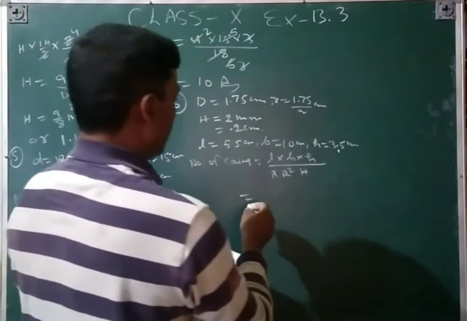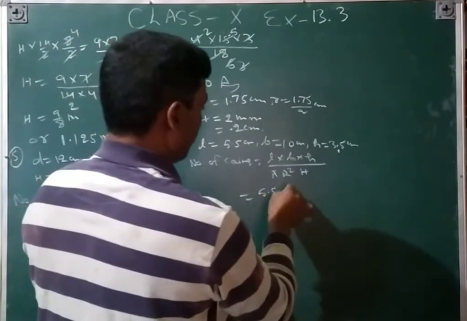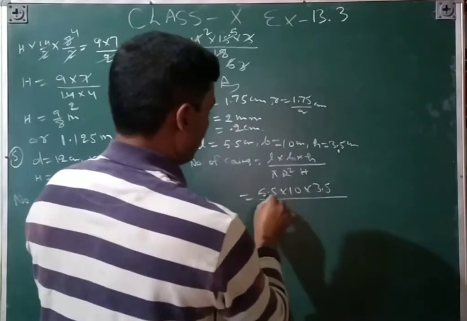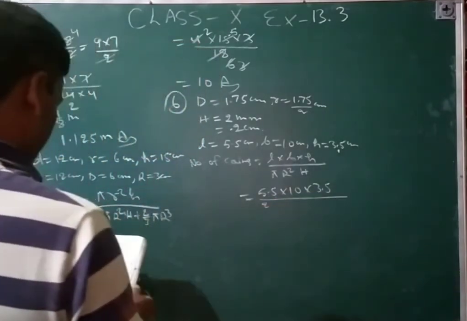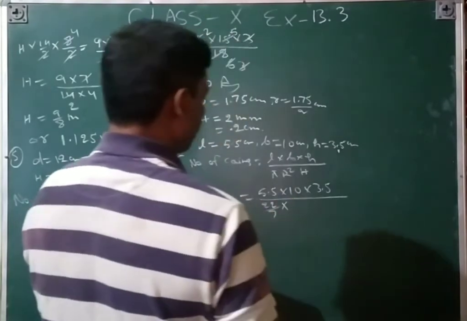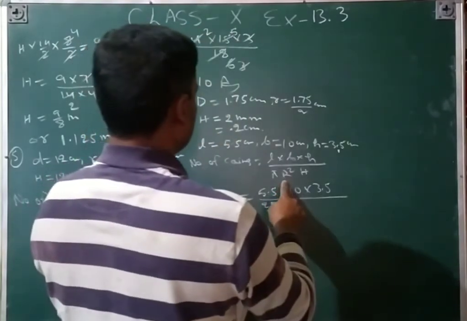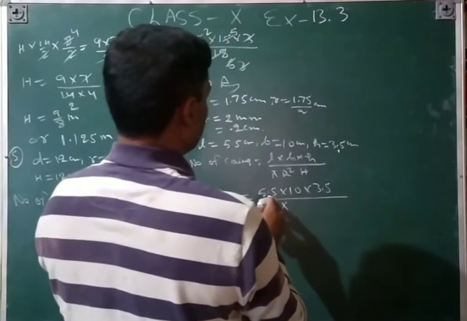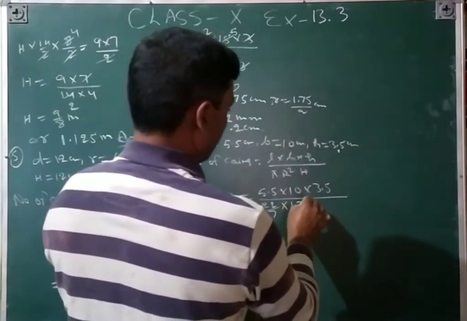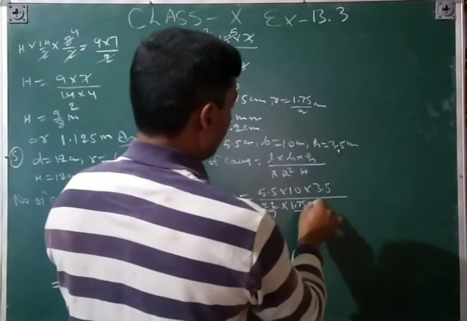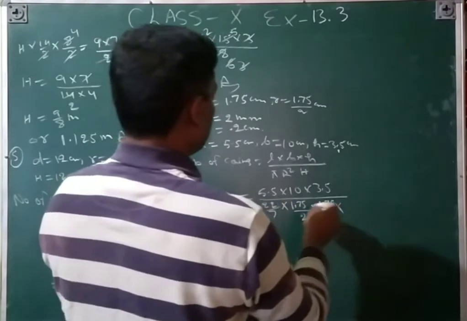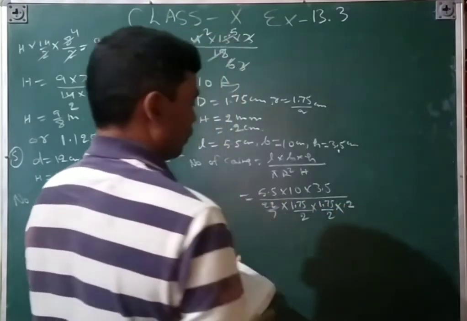So L is 5.5 into 10 into 3.5, and then pi value is not given, so 22 upon 7 into r, which is 1.75 upon 2 into 1.75 upon 2 into h, which is given as decimal 2.